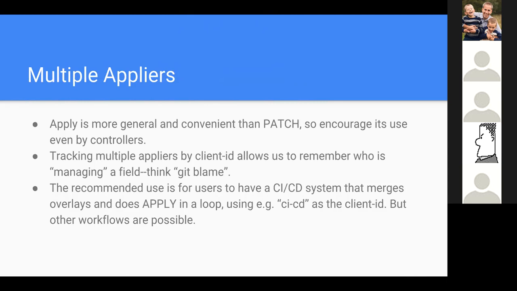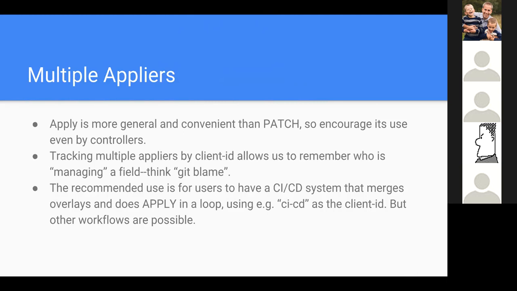So I'm still debating a little bit on this particular point. It's my feeling after looking through this that apply is just a more general and convenient mechanism for making changes than patches. So I would like to gradually roll things over from using strategic merge patch to use the apply format.